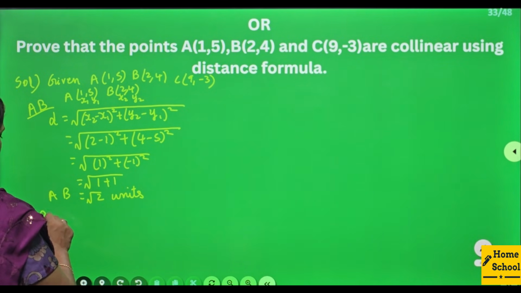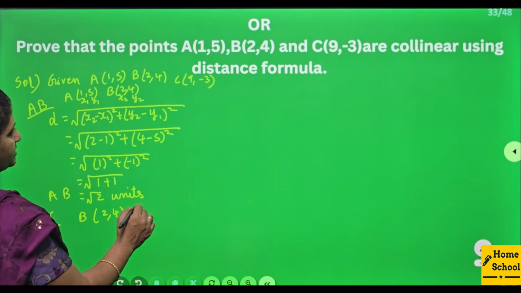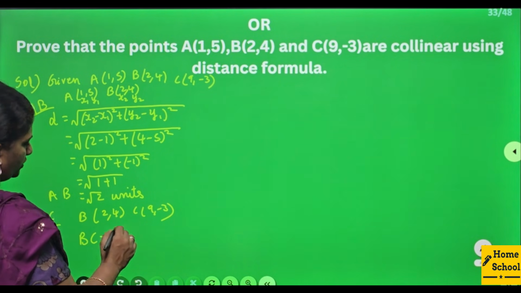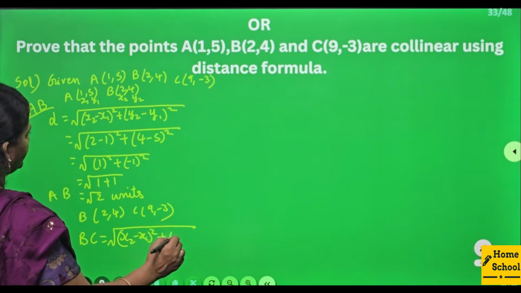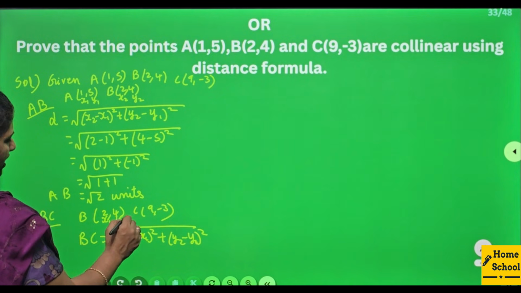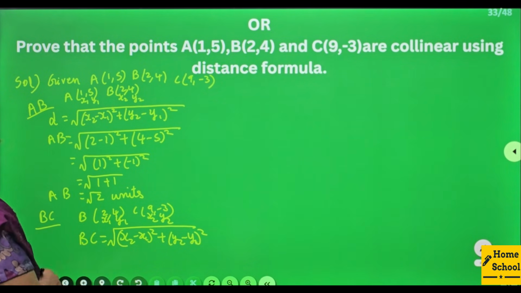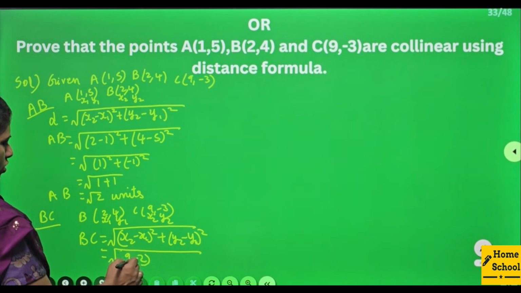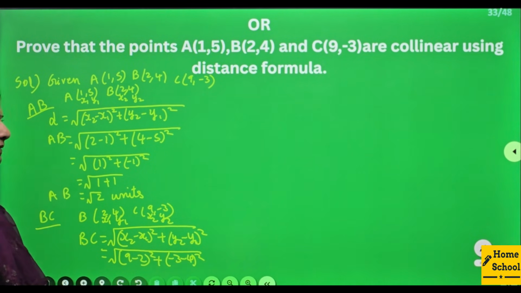Next we go with the BC distance. Take B coordinate (2, 4), C coordinate (9, -3). BC distance is equal to the formula, what is that? Square root of (x2 minus x1) whole square plus (y2 minus y1) whole square. x1, y1, x2, y2. Now substitute these values: 9 minus 2 whole square plus of minus 3 minus 4 whole square.